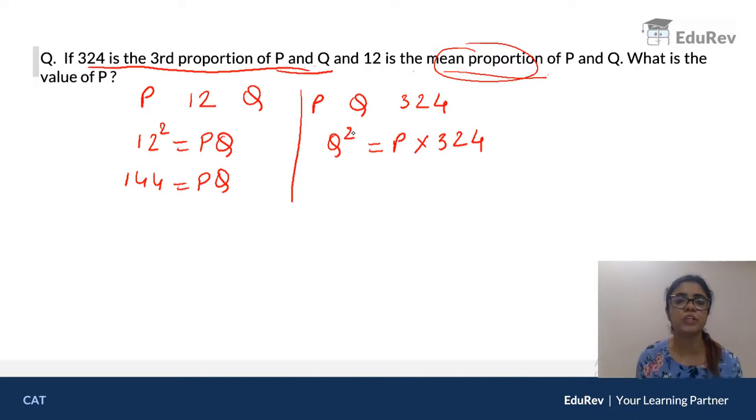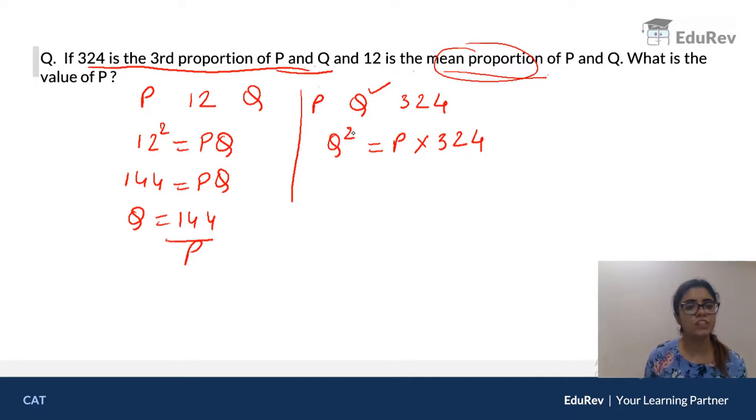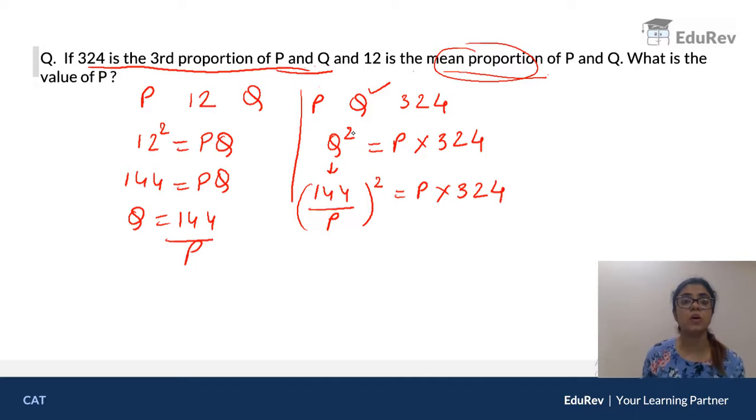Q square is p into 324 because q is your mean proportion, 324 is the third proportion and p is the first proportion. Now from this case, can I say q is equal to 144 upon p? I've just taken p on the other side. So I'll substitute q square as 144 upon p the whole square. That is equal to p into 324 because we want the value of p. They are asking you what is the value of p.